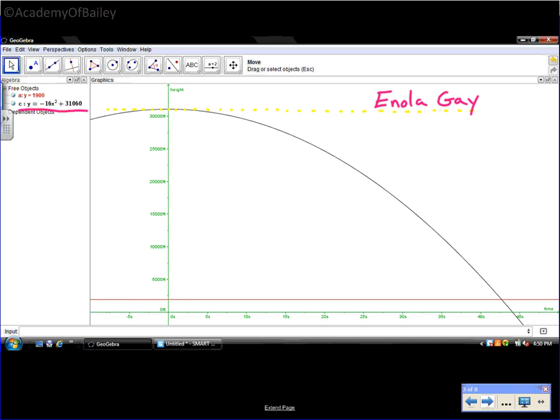It doesn't matter if it's from the top of a building or an airplane or the side of a cliff. That would be the free fall equation for that. And so 31,060 is the moment in which the Enola Gay and its crew members dropped a bomb called, I believe, Little Boy.